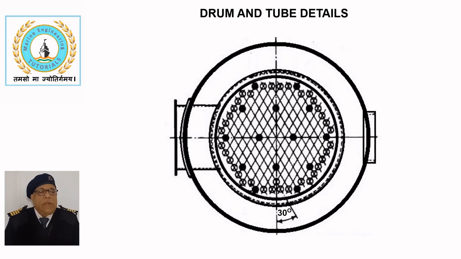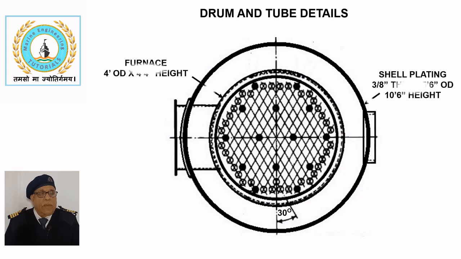Drum and tube details. This sketch shows the drum and tube details of a Spanner oil-fired boiler fitted with vertical smoke tubes. It consists of an outer shell 5 feet 6 inches in diameter, 3/8 inch thick and 10 feet 6 inches high, which encloses a cylindrical furnace 4 feet in diameter and 4 feet 4 inches high.